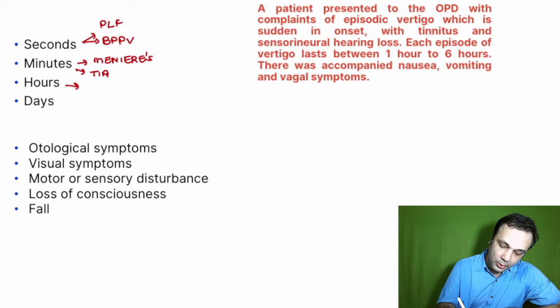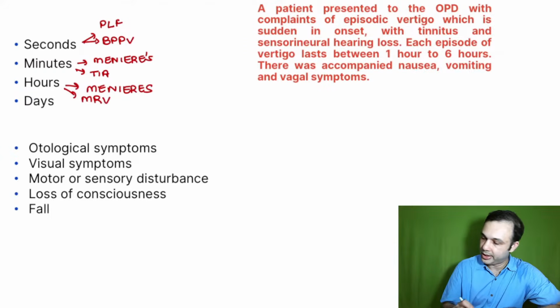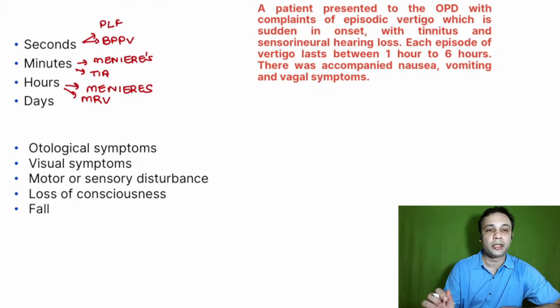And when you talk about hours, you have Meniere's disease and you also have migraine related vertigo. So you're looking at migraine related vertigo and Meniere's disease as the two most important differential diagnoses when the vertigo lasts for a few hours. And remember, when you talk about migraine related vertigo, they will have the classical symptoms of migraine, that is unilateral headache associated with photophobia, phonophobia, nausea, vomiting, classical.